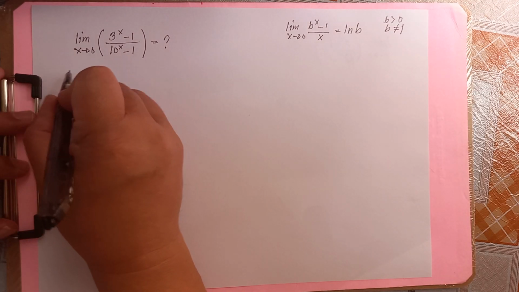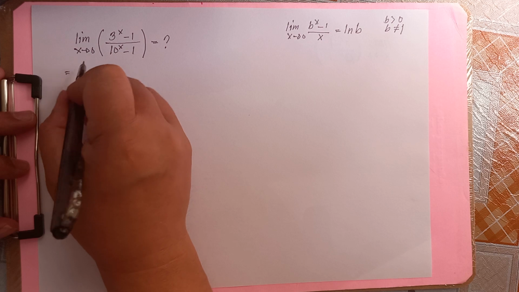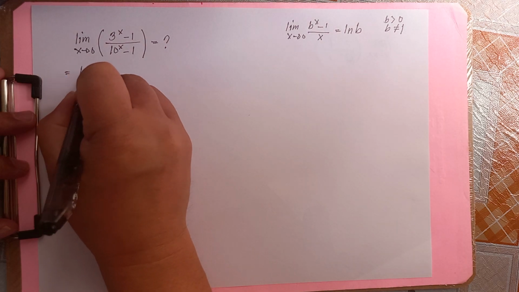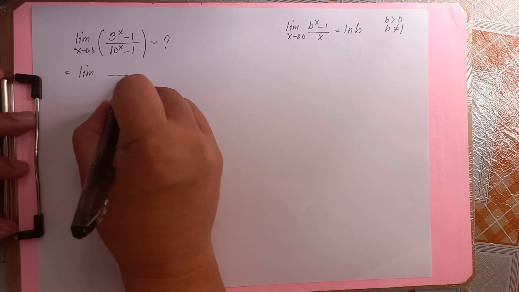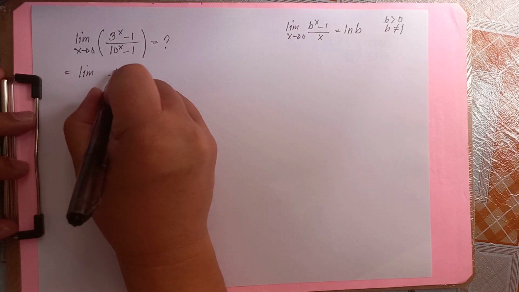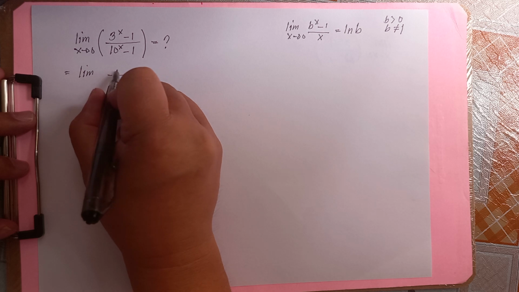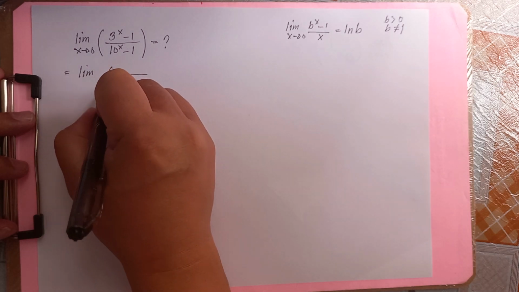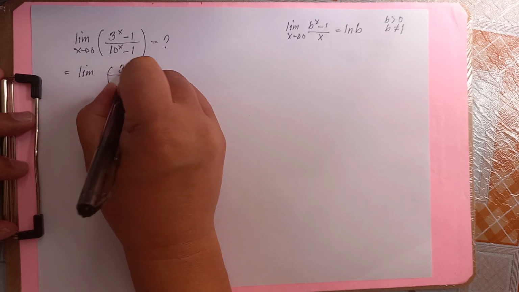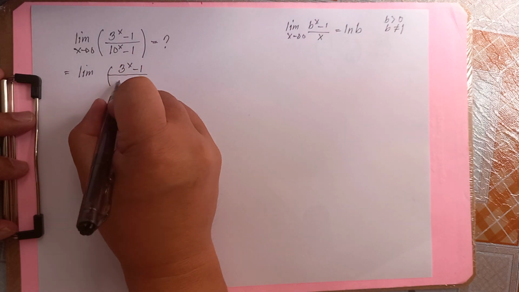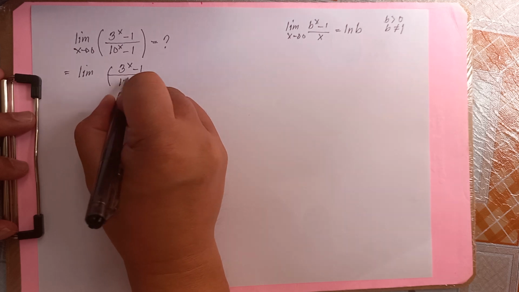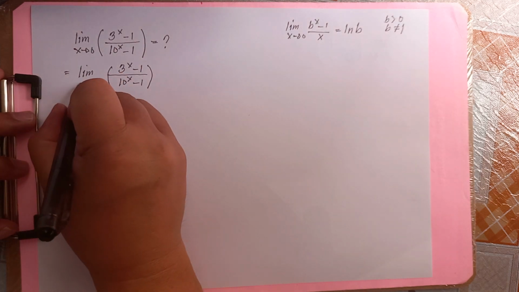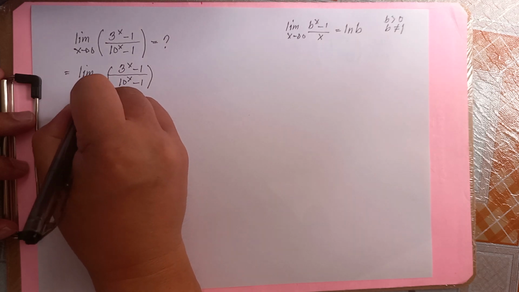Again, to get the limit, we have to think of a multiplier that is the same as we have in here, the quantity 3 raised to x minus 1 over 10 raised to x minus 1, as x is approaching 0.